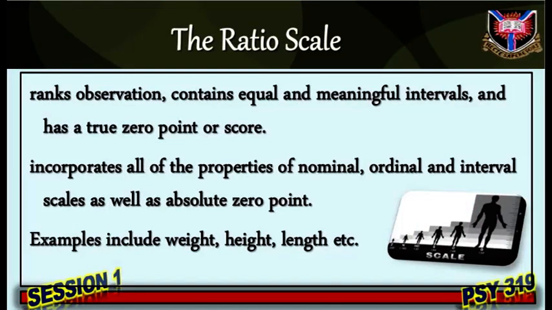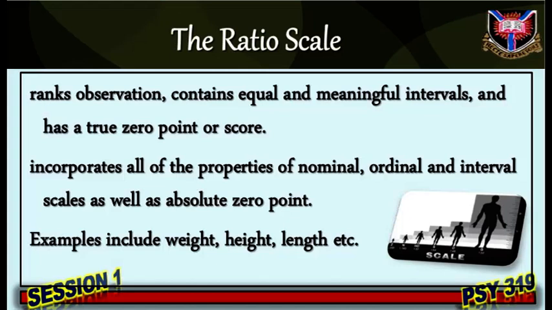The ratio scale. A ratio scale ranks observations, contains equal and meaningful intervals, and has a true 0 point or score. The ratio scale incorporates all of the properties found in the previous 3 scales of measurement as well as an absolute 0 point. Here a 0 score is meaningful because it indicates a true absence of information.